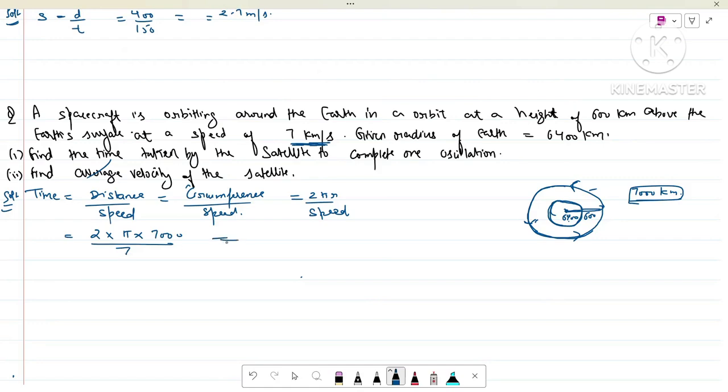So in solving this, we will get 2 into pi into 7000 divided by 7. It will come to be 6280 seconds. Now, if you want to convert it into minutes, then you can divide 6280 by 60 and you will get 105 minutes.